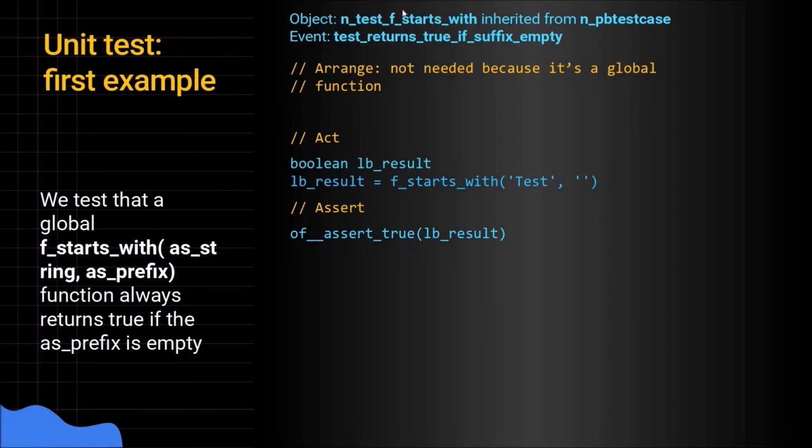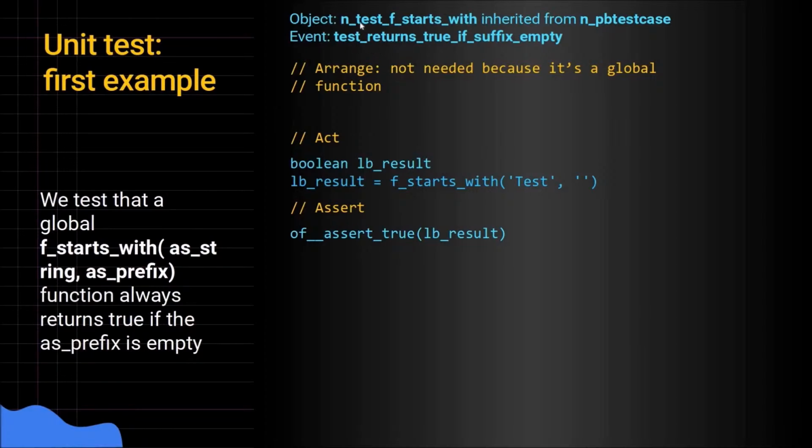Okay, so we create an object called nTest fStartsWith. fStartsWith is the name of the original function, and we put nTest before the name. Okay, and we inherit it from a PbTestCase, which is in the PbTest PBL. And we code an event, a user event, called test returns true if suffix empty.